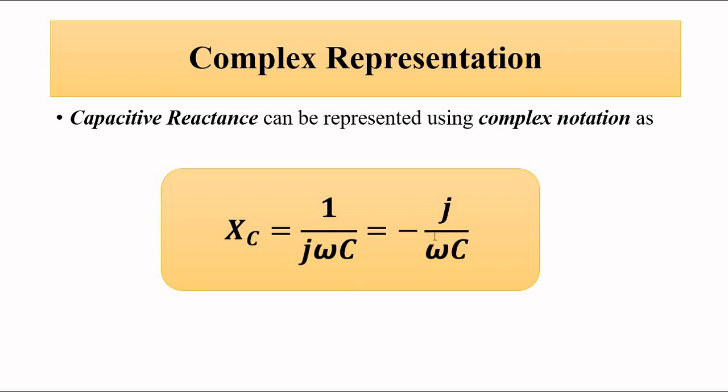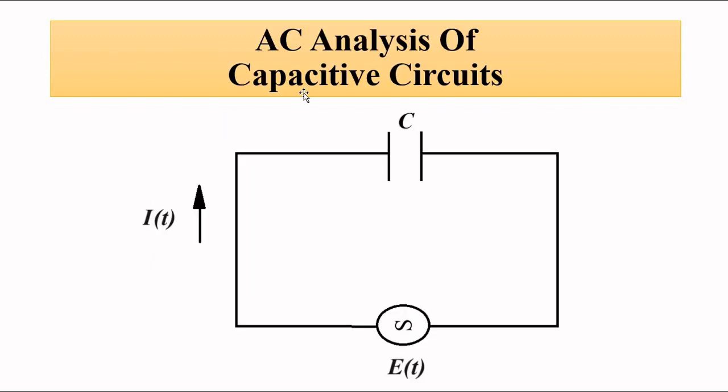In terms of complex analysis also, the voltage drop across the capacitor, in terms of the RMS value or the average value, will be Iv times -j/(omega C), which is the capacitive reactance.